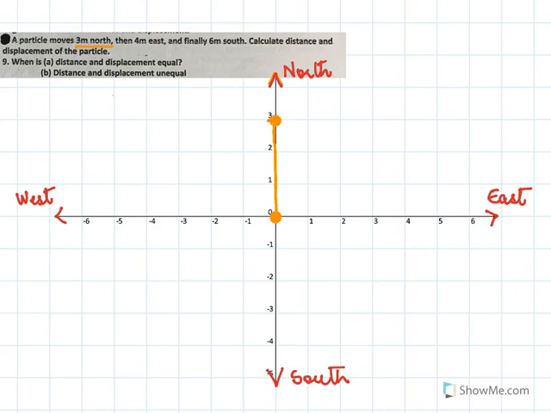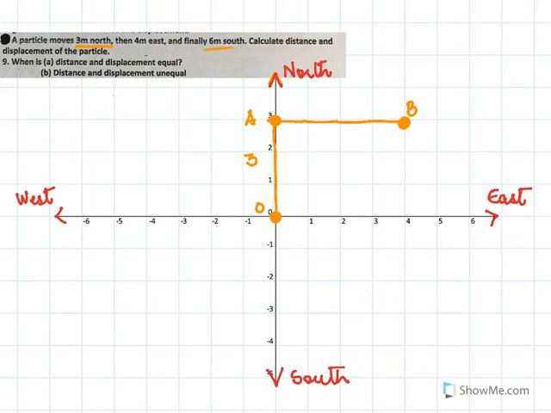We'll call this point O and this point A. Now it has moved 3 meters to the north. Then 4 meters to the east. So here 1, 2, 3, 4. So it has come to this point now. We'll call this point B.